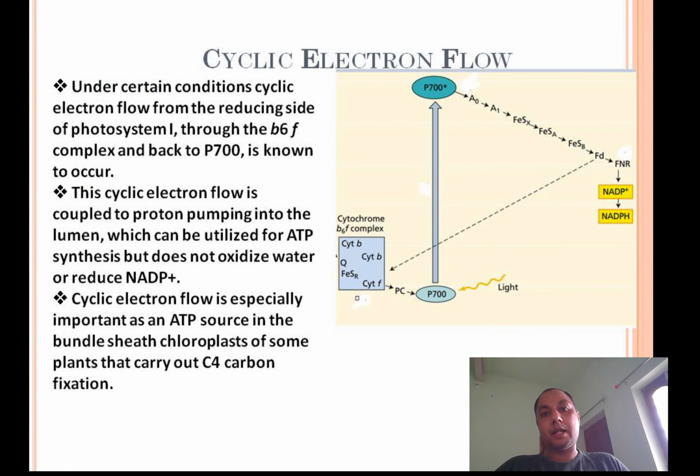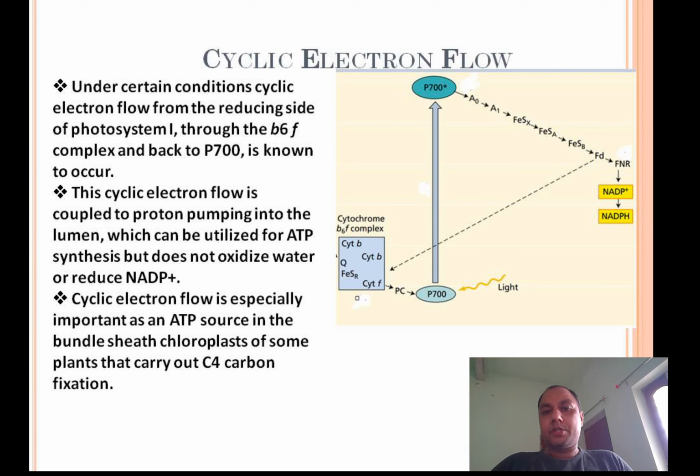What happens in the cyclic electron flow? It involves only a single photosystem, that is photosystem I. The electron excited from P700 is ultimately given back to P700 by means of a series of proteins.